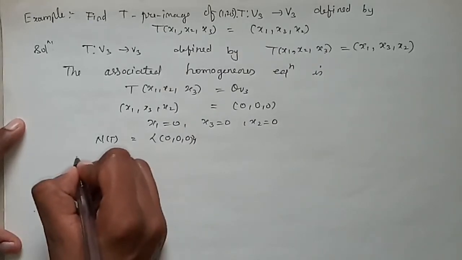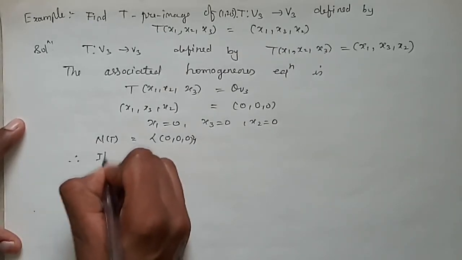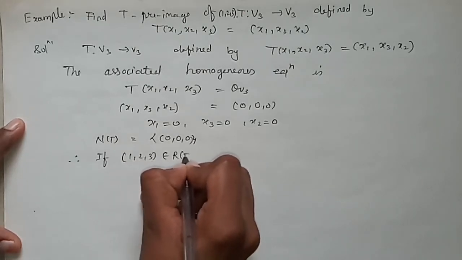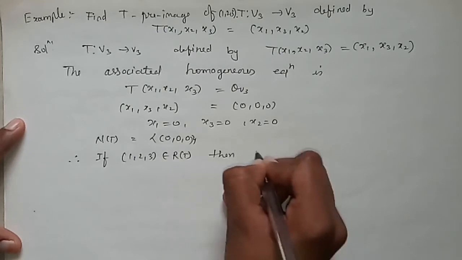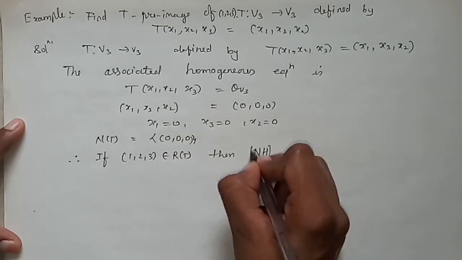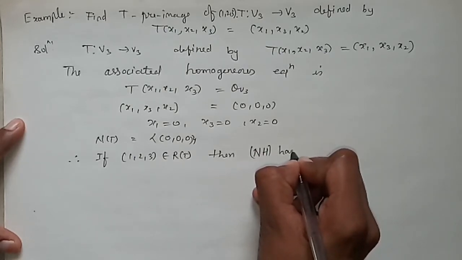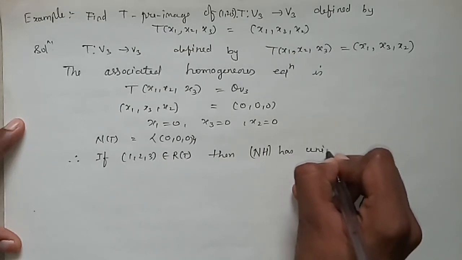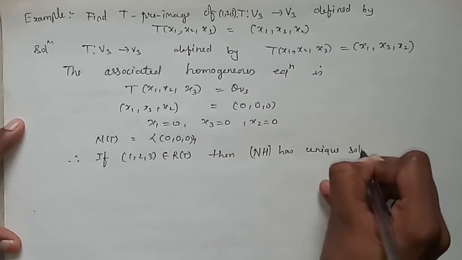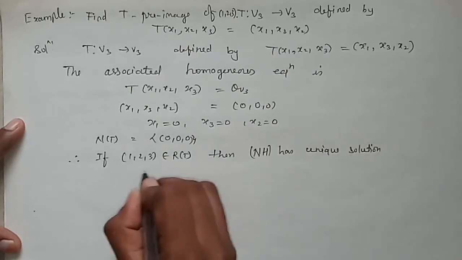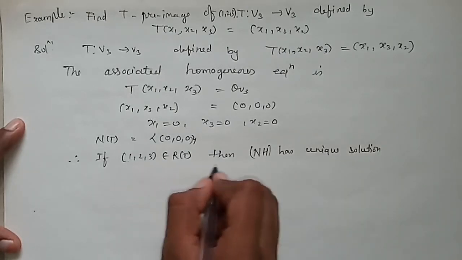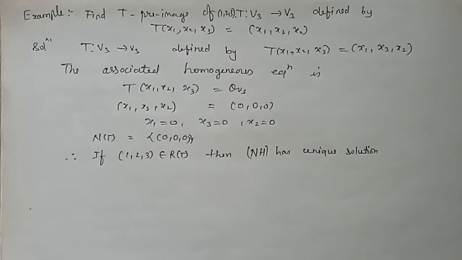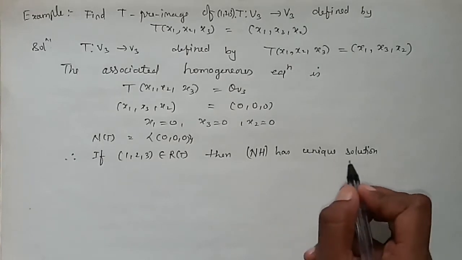Now if (1, 2, 3) belongs to the range of T, then the non-homogeneous equation has a unique solution. It always happens that if this element belongs to the range of T, then the non-homogeneous equation has a unique solution.